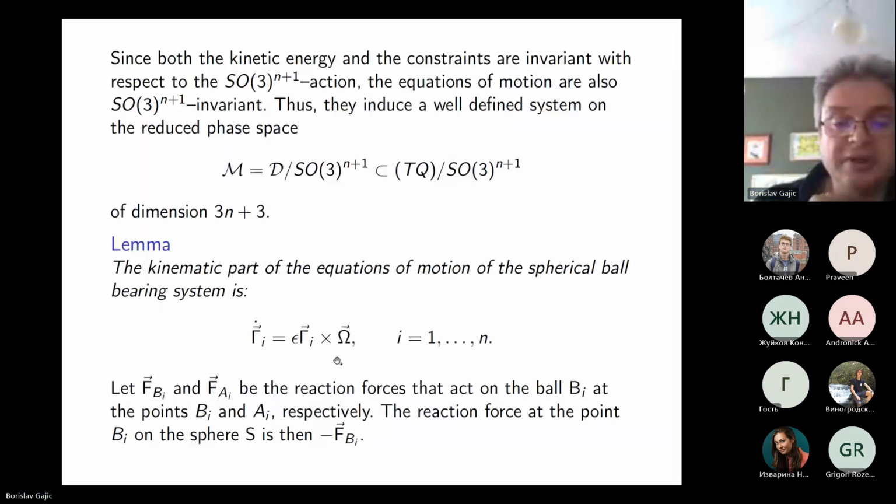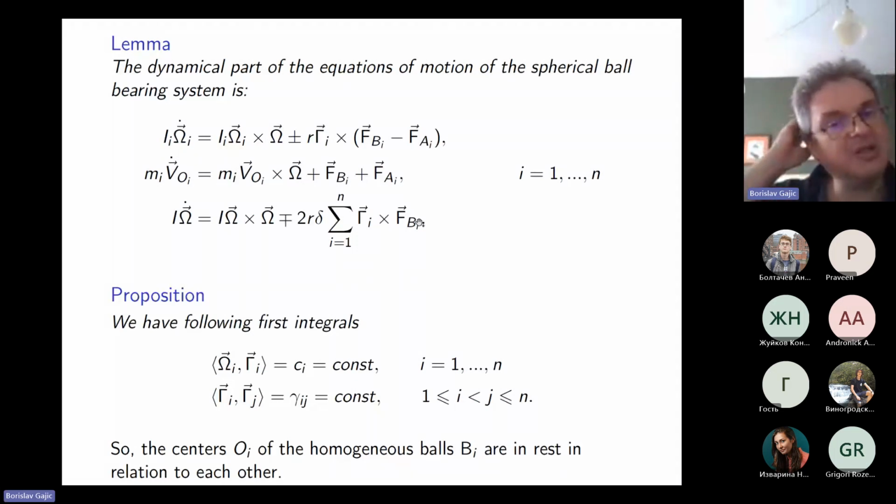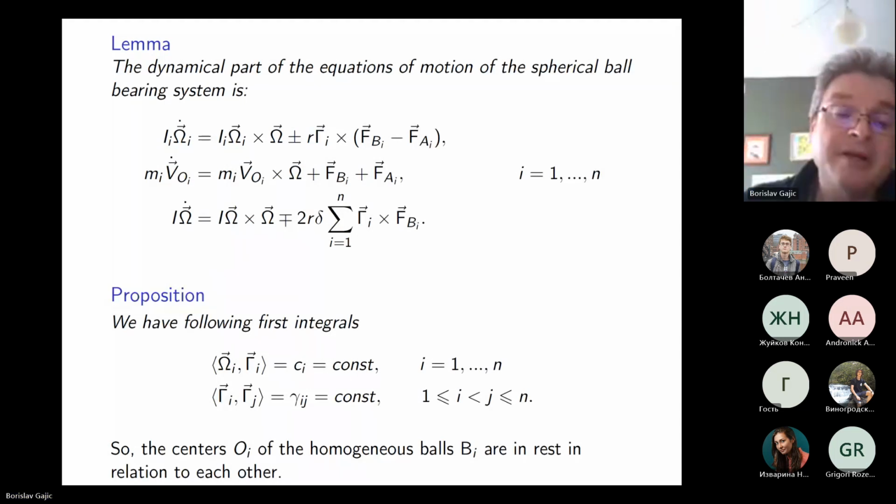And the equation of the moving sphere can be obtained by using the standard equation of the moment. By F_B and F_A we denote reaction forces, as in the standard Newton equation in a vector form. So instead of the Lagrangian, we derive the system by using the standard Newton equation in a vector form.